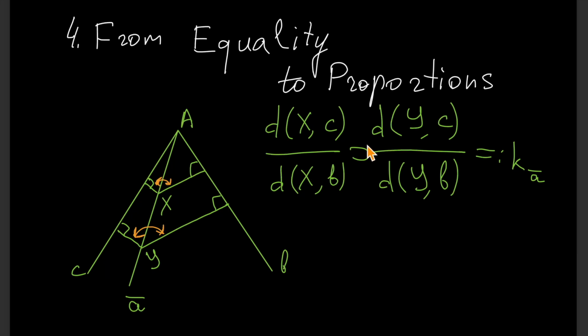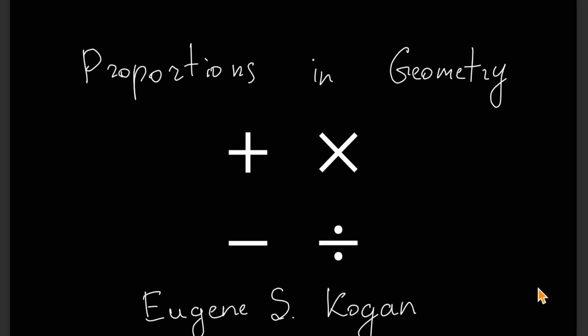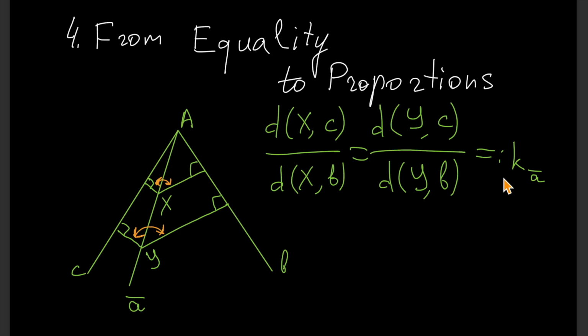So this equality essentially means that this ratio is independent of the point on the line. If we call the line a bar, then this ratio is a characteristic of a bar, not of the points on a bar.